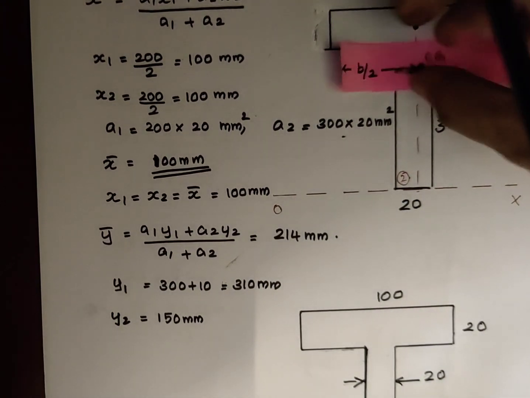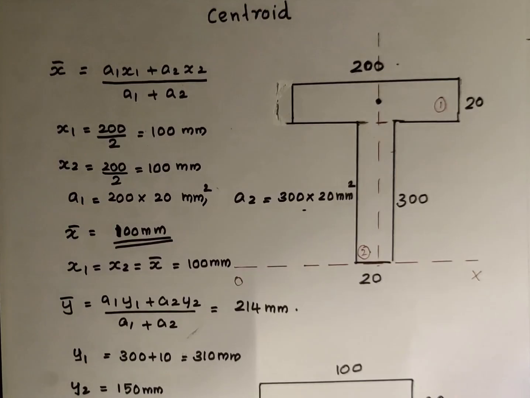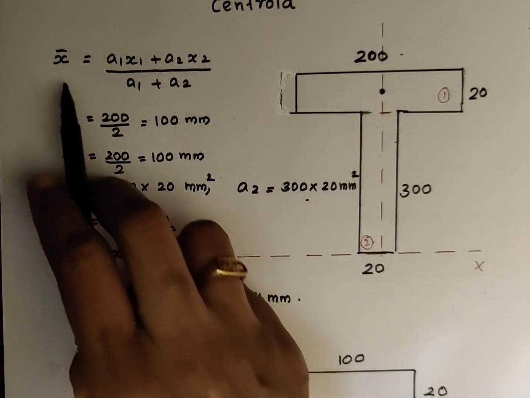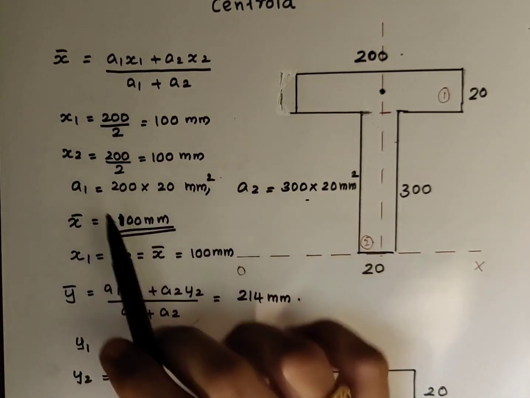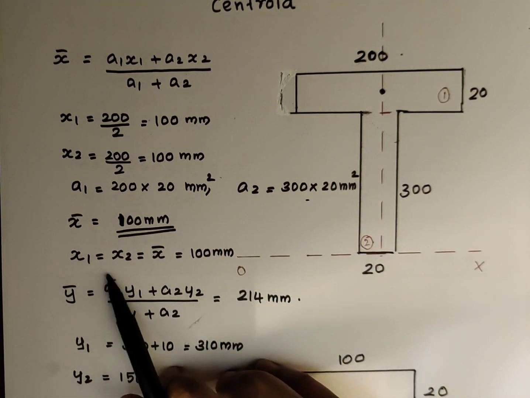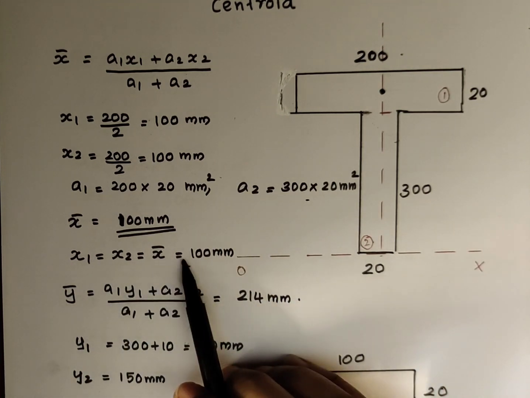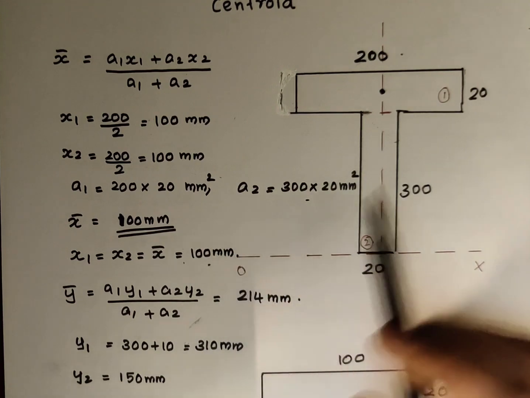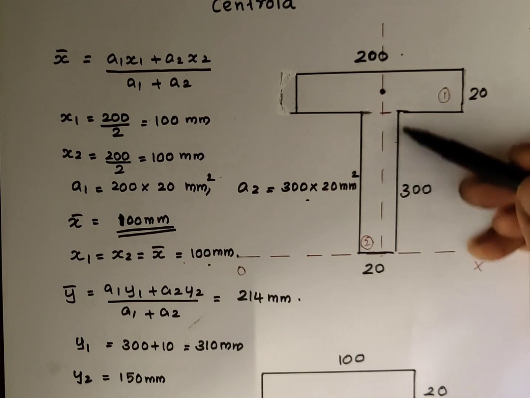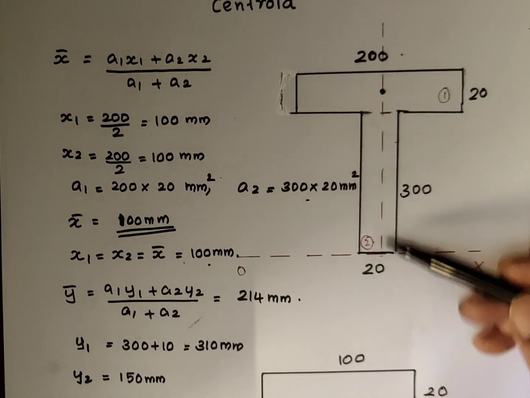So when you are getting a symmetric section like this, that is a T section, maybe it is asked as a 3-mark question. There is no need to calculate this x coordinate. You have to write the equation for a1, a2. Then you can write x1 is equal to x2 is equal to x bar, that is equal to 100, provided you check whether the simple figure as well as the composite section is symmetric about this axis.